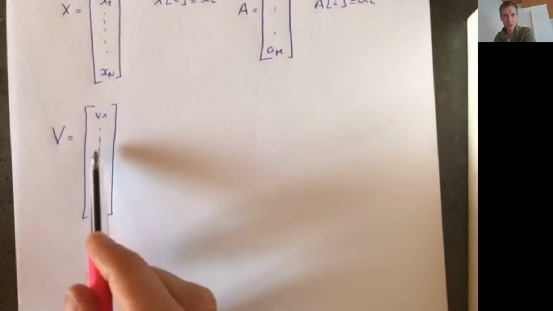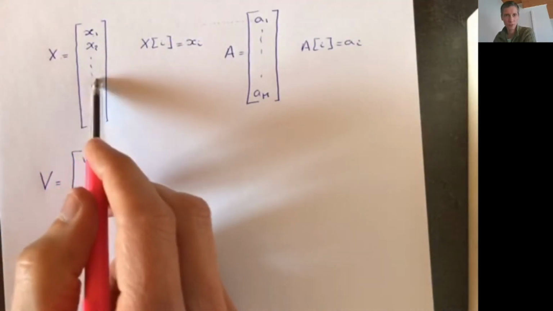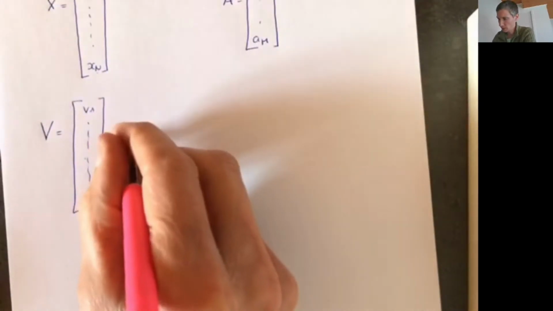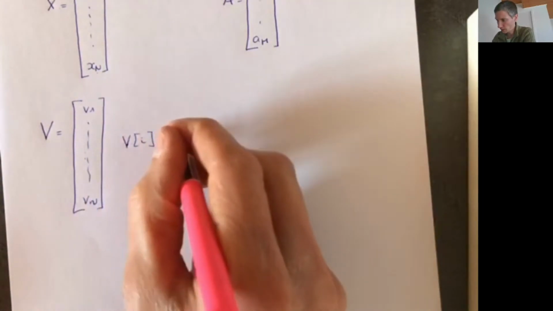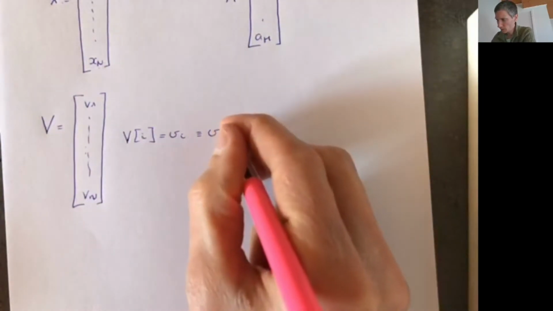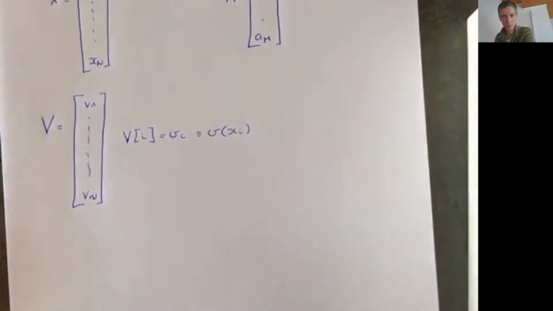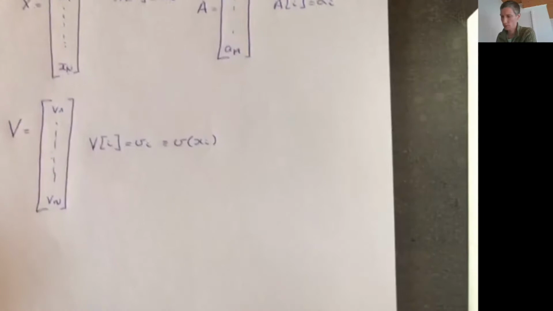And the idea here is that v at position i gives you the value function of the state xi. So vi, the element vi, we're going to define as the value of the function v at xi, and here xi is the ith element of x.